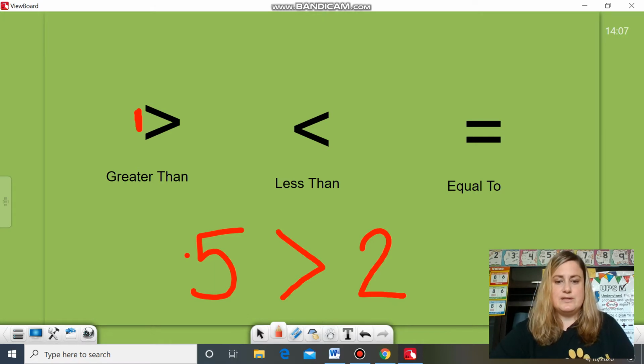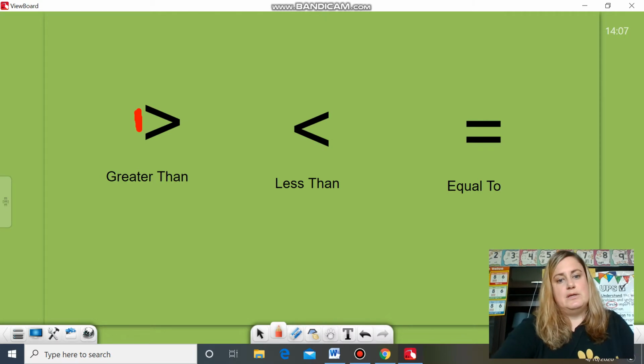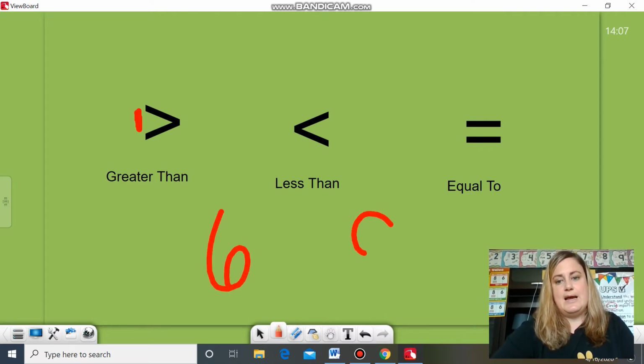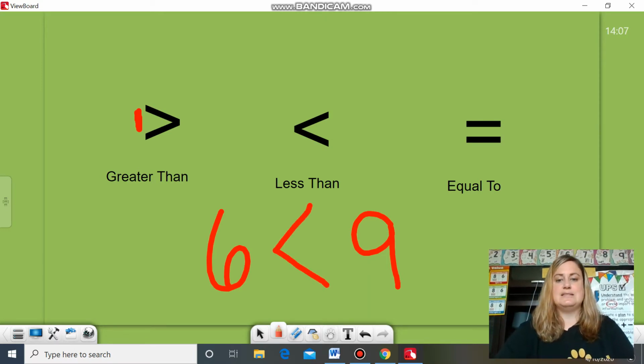All right, let's do another example and show what I mean for the less than symbol. If I have the numbers 6 and 9, which number would the alligator want to eat? Remember, the alligator wants to eat the bigger number, so we would use the less than sign.